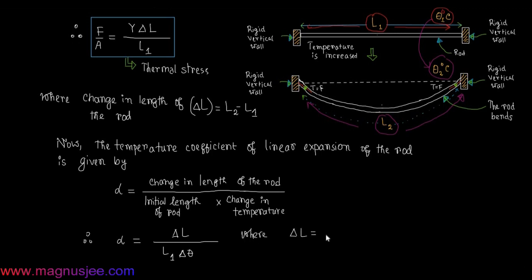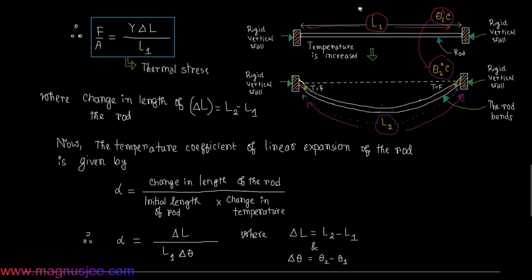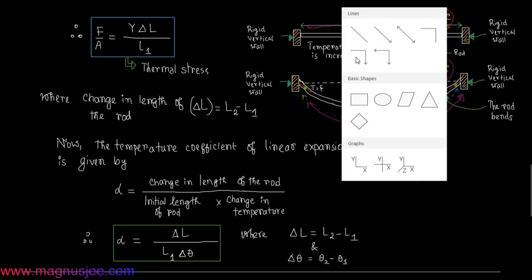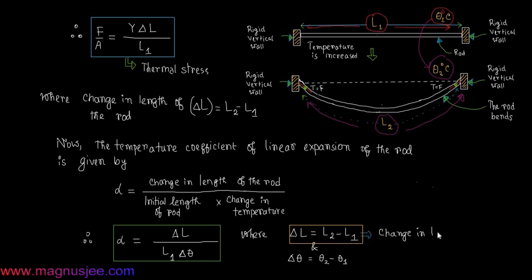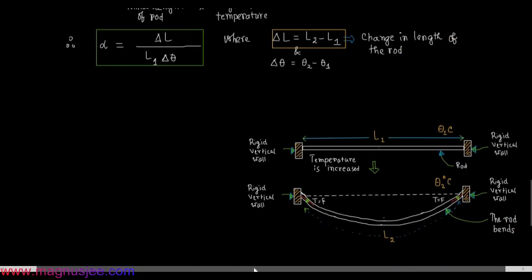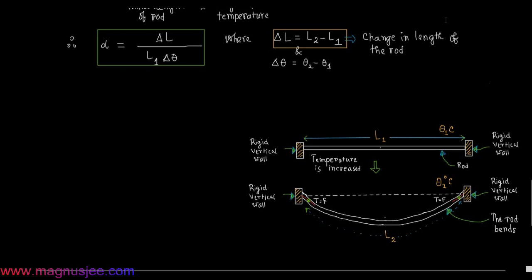Alpha equal to delta L divided by L1 delta theta, where delta L is equal to L2 minus L1, which is change in length of the rod due to change in temperature, and delta theta is change in temperature, that is equal to theta 2 minus theta 1 degree Celsius.